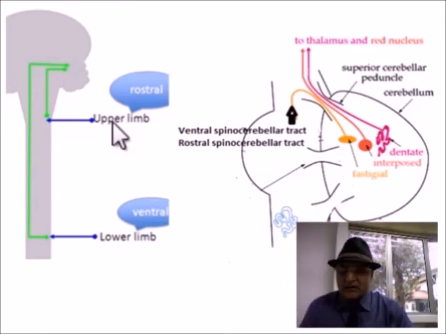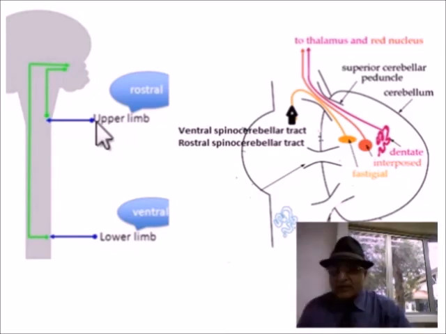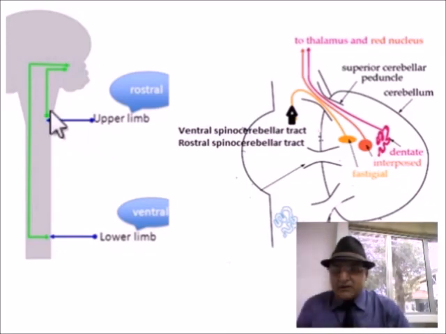It carries the sensation of crude touch and pressure, but from the upper part of the trunk and upper limbs, and it goes along with the anterior spinocerebellar tract through the superior cerebellar peduncle to the spinocerebellum.